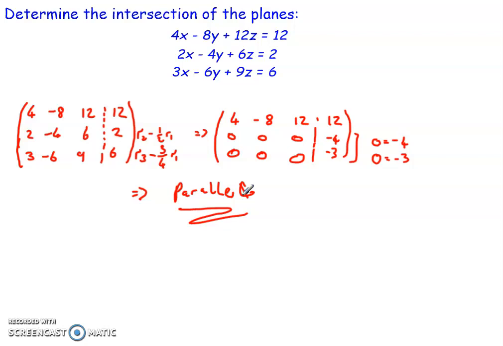Whenever we're looking for intersections of planes, it always follows the same set of steps. First thing we have to do is set up that augmented matrix and then do our elementary row operations to start eliminating terms.